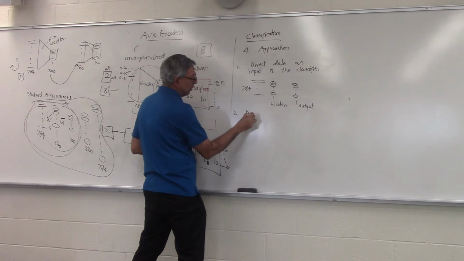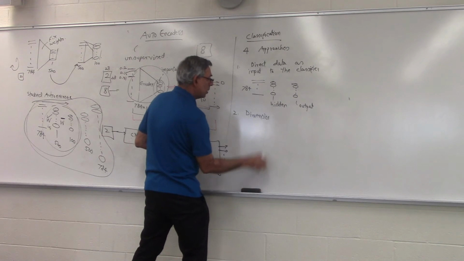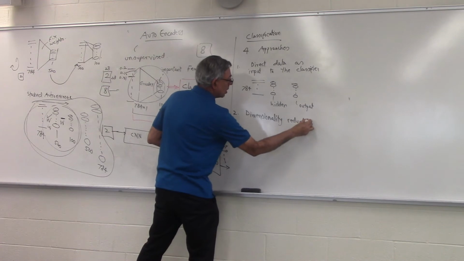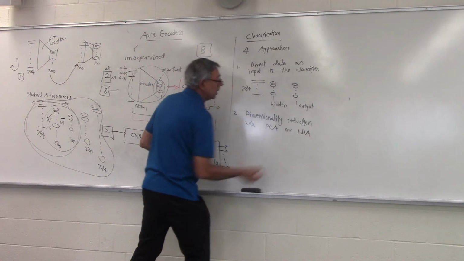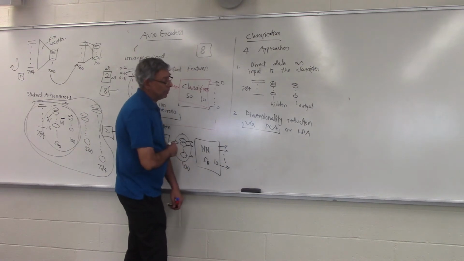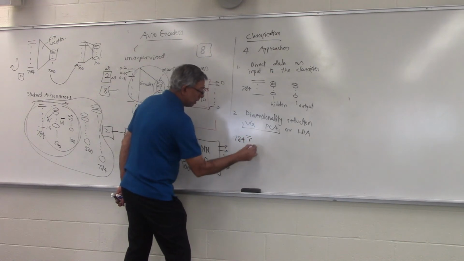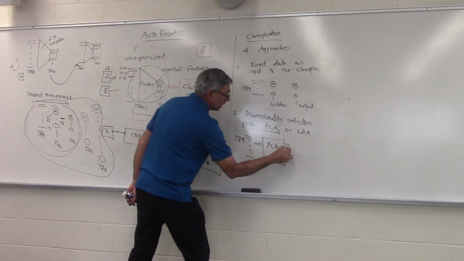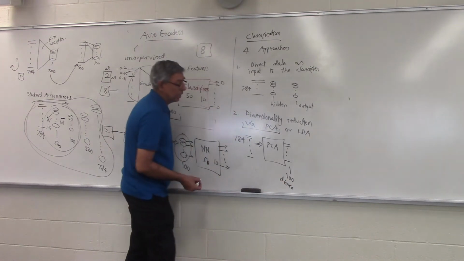Approach 2 is to do some dimensionality reduction, via PCA or LDA as an example. For those of you who are in computer vision, we've talked about the PCA algorithm. In this case, we take the 784 inputs, apply principal component analysis, and let's say this gives us 100 dimensions, so data in 100 numbers.